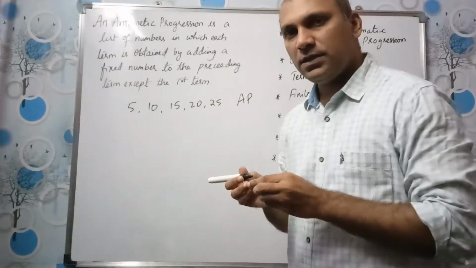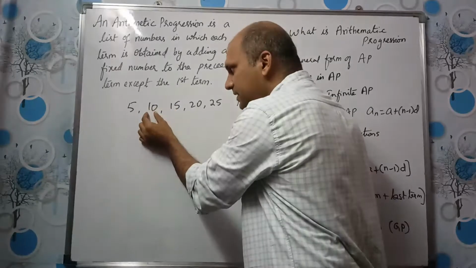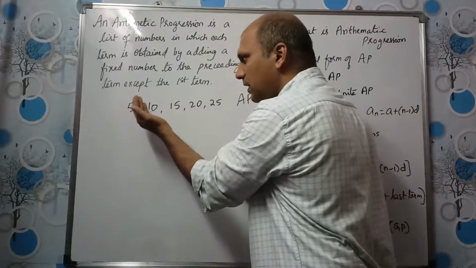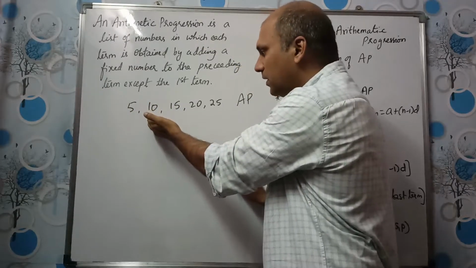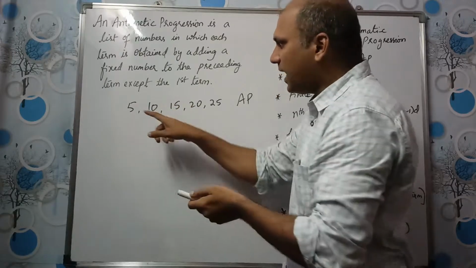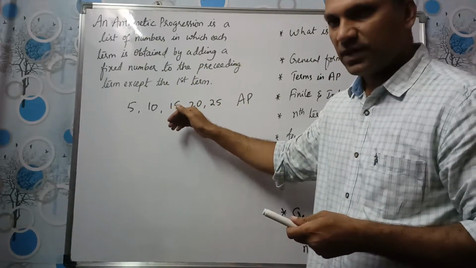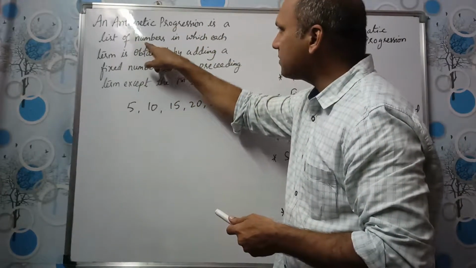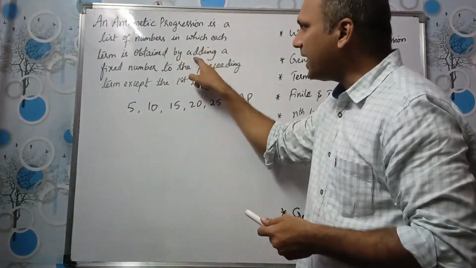Why is it an AP? Because we are getting the next number by adding 5 to the first number. Now we are getting the third number by adding 5 to the second number. Like this, if we are adding 5 to the preceding term, we are getting the next term. So it is a list of numbers in which each term is obtained by adding a fixed number.